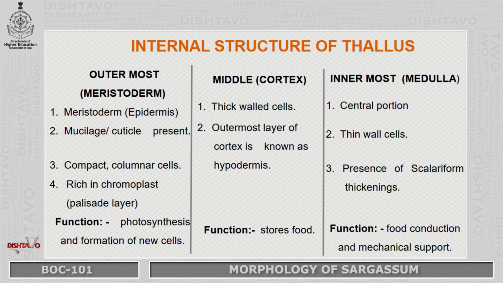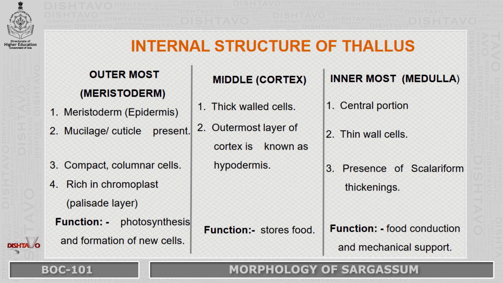They are compact to columnar in nature. The cells are rich in chromatoplast, which is a plastid, and they are found in the palisade region. The main function of the outermost meristoderm is photosynthesis and formation of new cells towards inside.